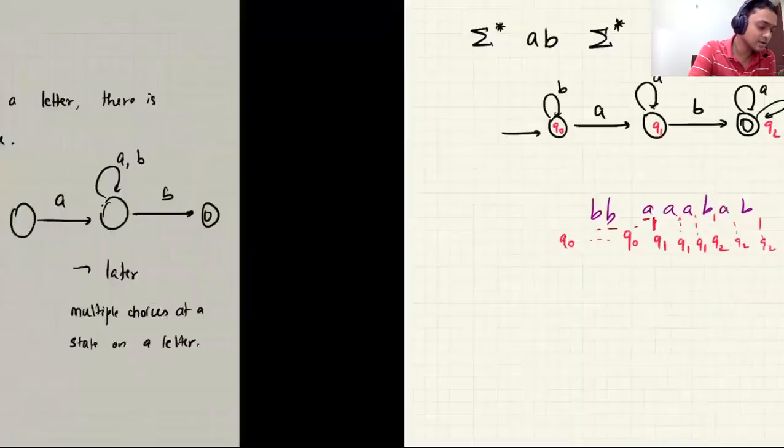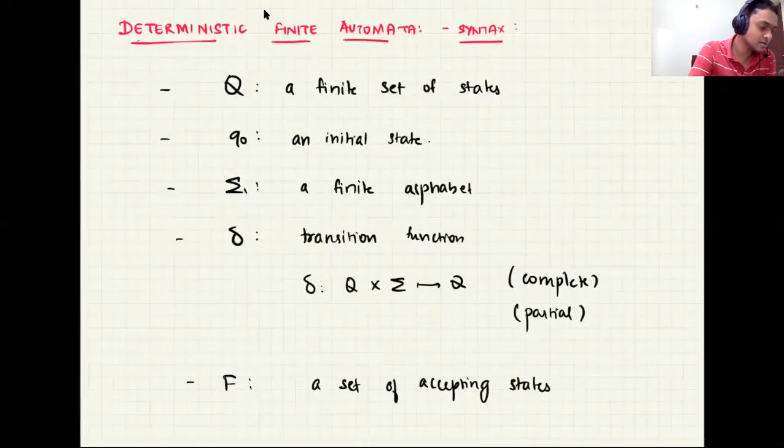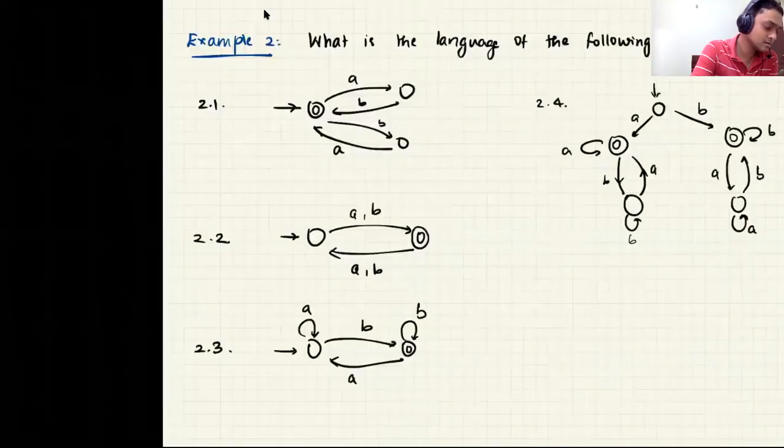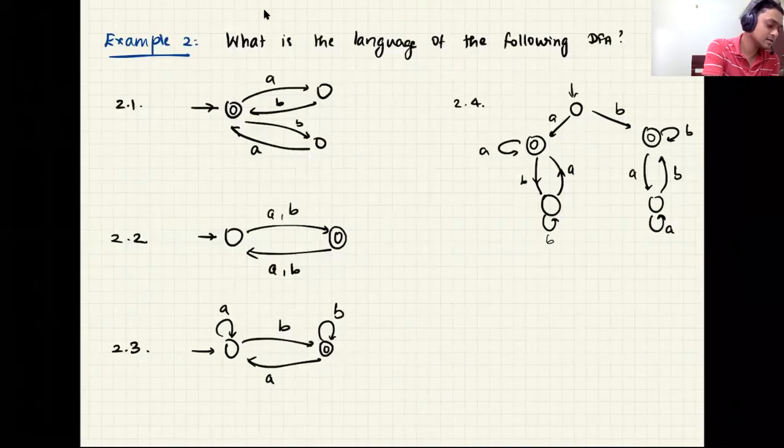There is another exercise that I wanted to give, which is the reverse: I give you an automaton, and you find the language. I just leave it as an exercise. I will do it in the next class.